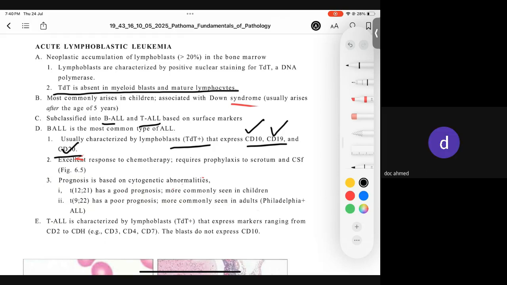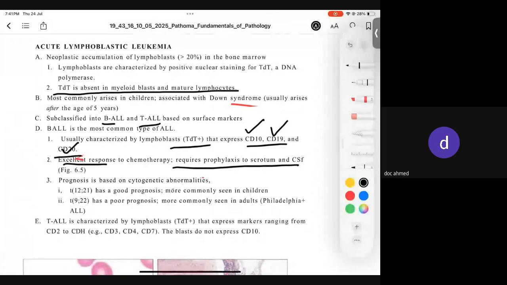The other thing is that we have excellent prognosis to chemotherapy. If you have this kind of cancer, B-ALL or T-ALL, it basically has a good response to chemotherapy, except in the scrotum and CSF. If you remember, we discussed immune privilege in immunology.